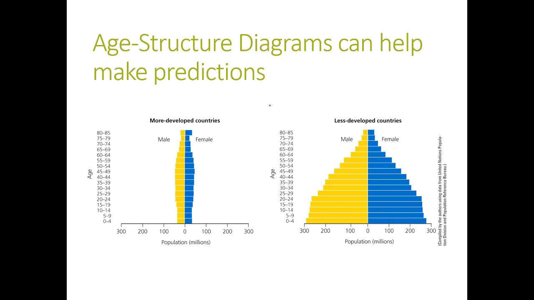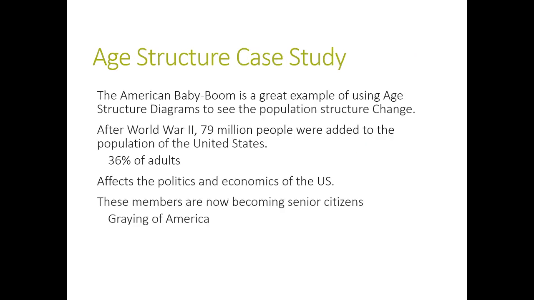And that's all based on the resources that are available to those people, along with the healthcare and just overall cultural differences. In a more developed country, we usually see stabler age structure diagrams, and that's why these two types kind of give you an idea of what's happening in one of these countries.